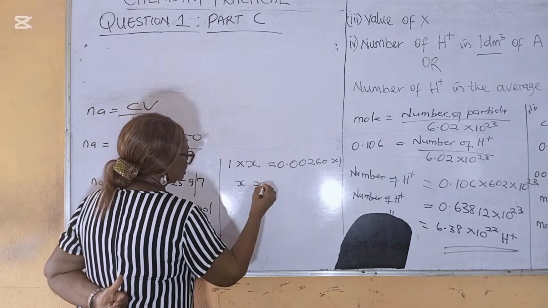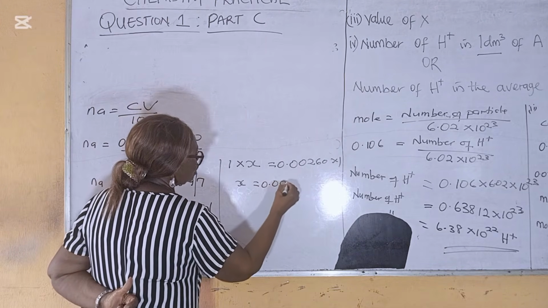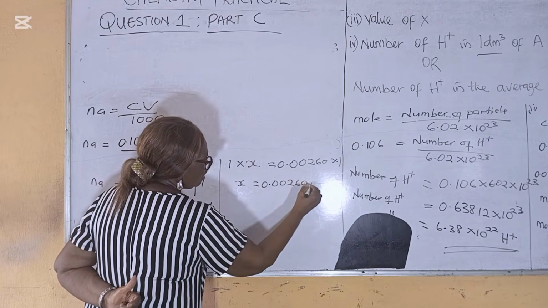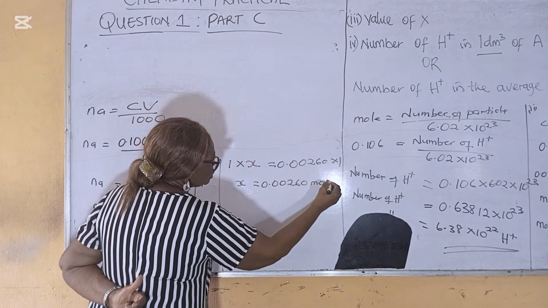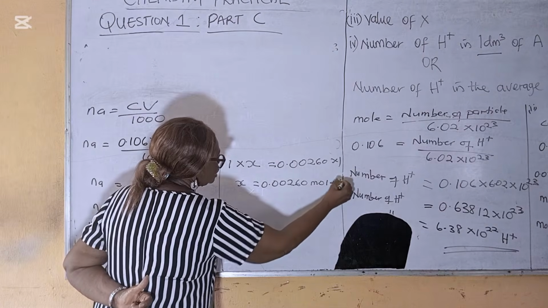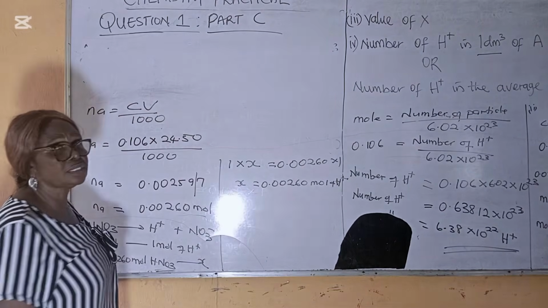Therefore, X is 0.00260 mole of hydrogen ion in the average titer.